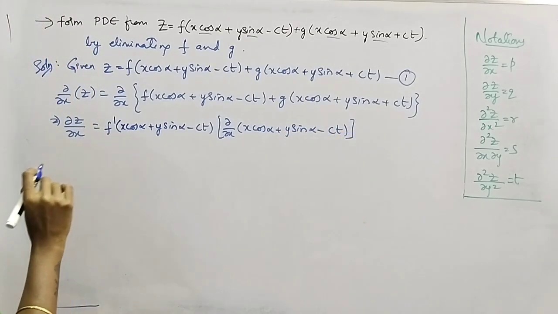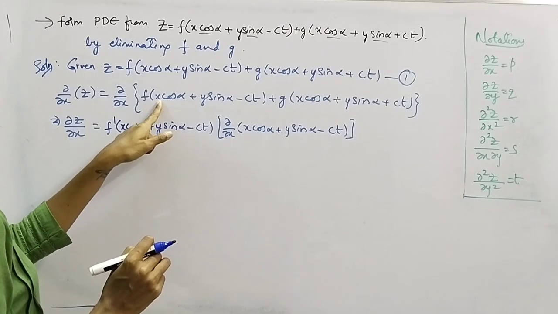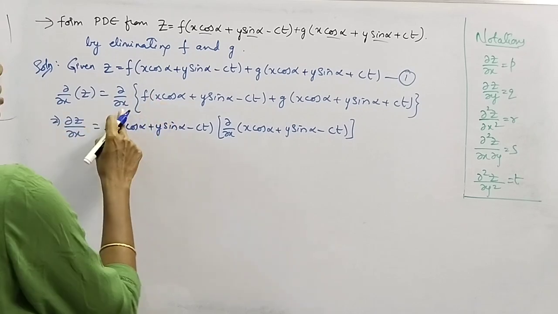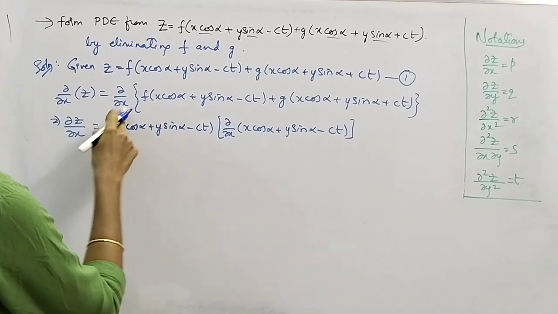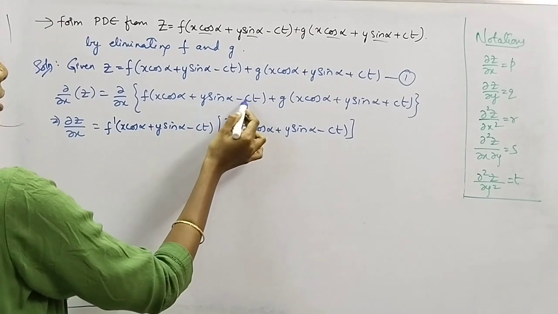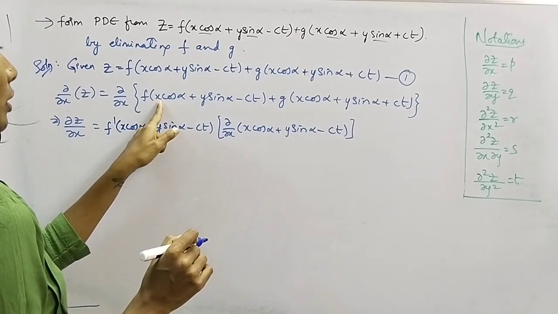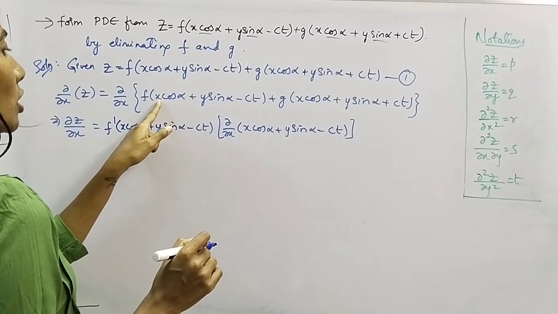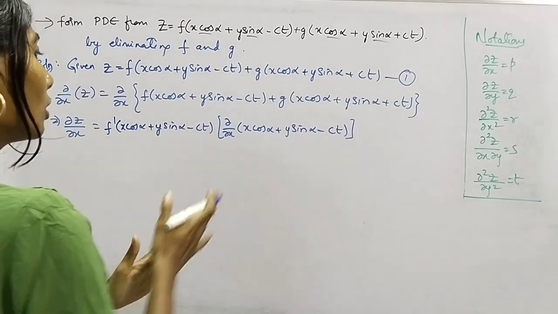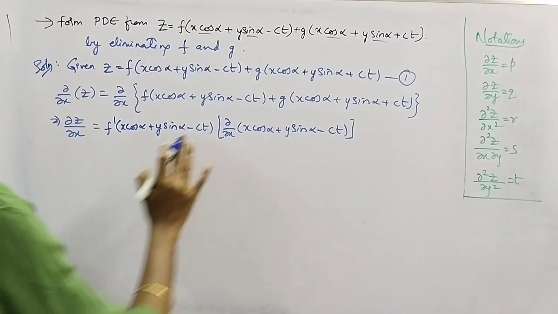Here x is the variable, right? Since we are partially differentiating with respect to x, we'll treat y and t as constant, and also alpha, sin alpha, c are treated as constant. So the inner derivative becomes the partial derivative of x with respect to x, which is 1, into cos alpha, that is cos alpha.